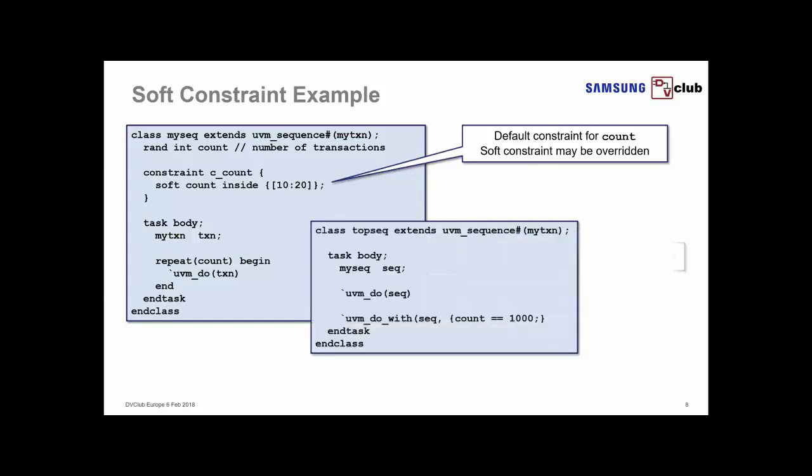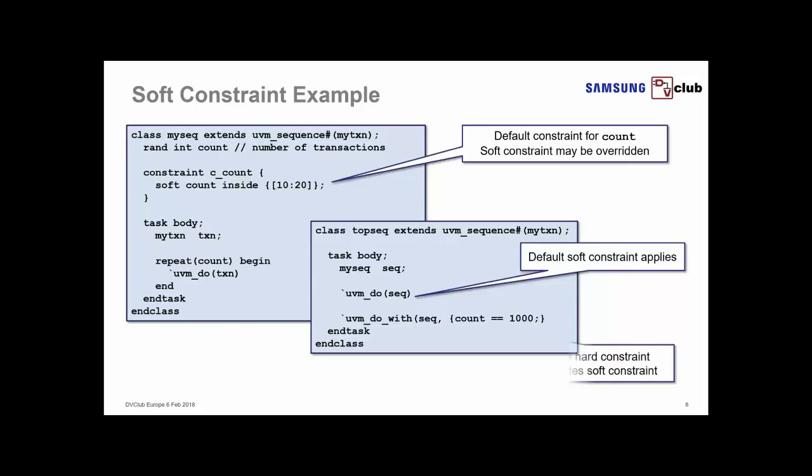Now I can derive another sequence from that. And in that sequence, if I were to just use a UVM do macro to run the original sequence, the default constraint applies and I'll get a count between 10 and 20. What I can do though is add a with constraint to my randomize call. So now I'm saying run the same sequence, but let's make sure that the count equals 1000.